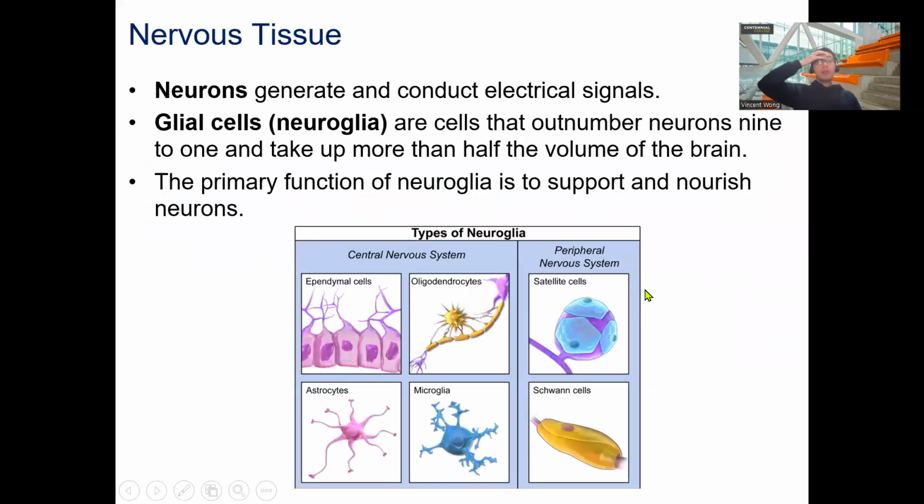So when we talk about nervous tissue, there are actually 2 main components here. We have what's called the neurons, and these are the components that are responsible for generating and conducting electrical signals. So they communicate with each other. They send signals to different regions of the brain, to different regions of the body.